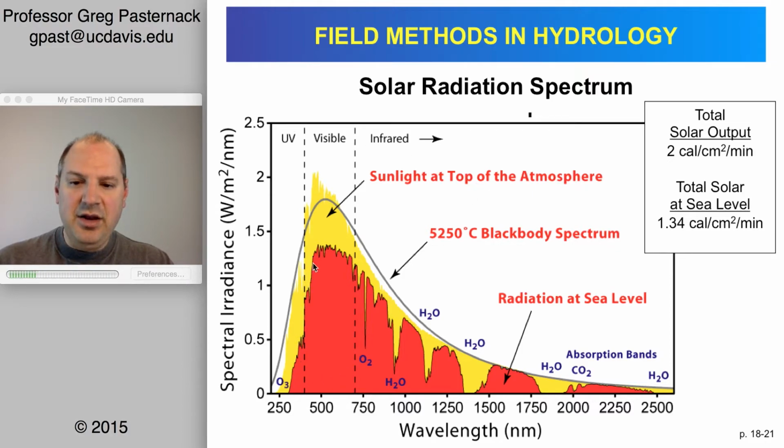In the red is the amount of energy that we get, watts per meter squared per nanometer of wavelength, that actually reaches the ground. So some of this gets lost in the atmosphere and such. And you can see that some of this is suppressed because of different constituents in the atmosphere. So this energy that's hitting the ground is then available to drive evaporation.